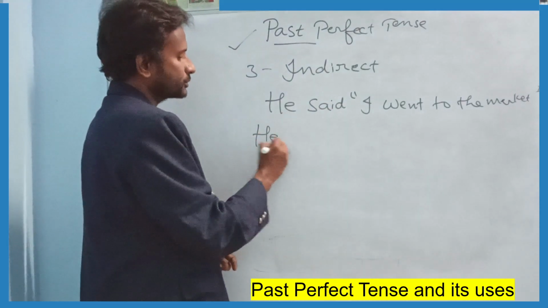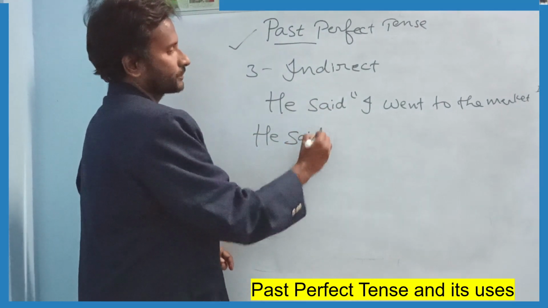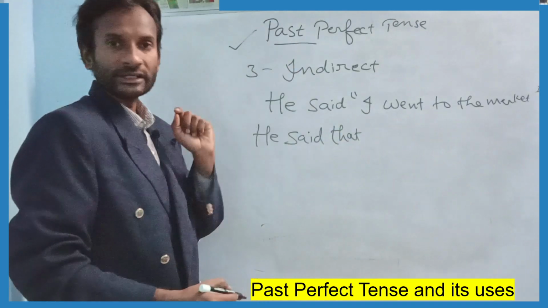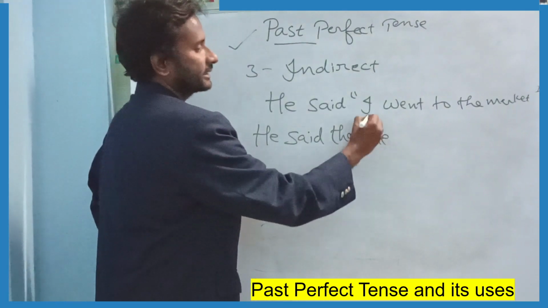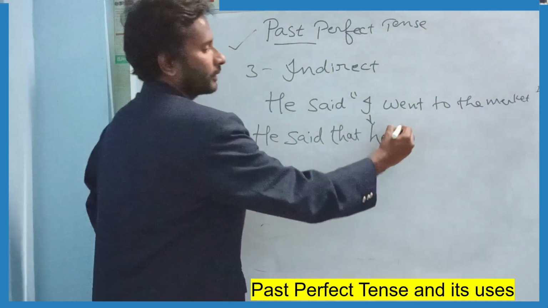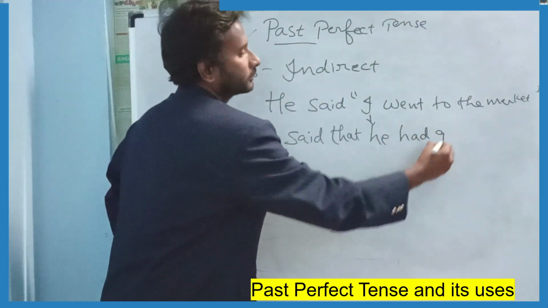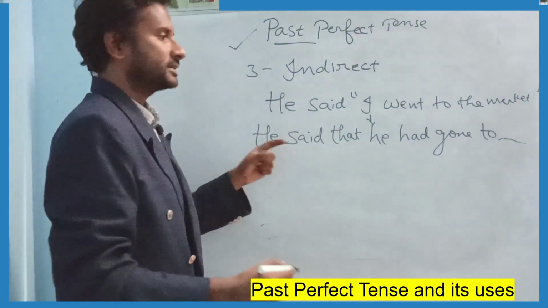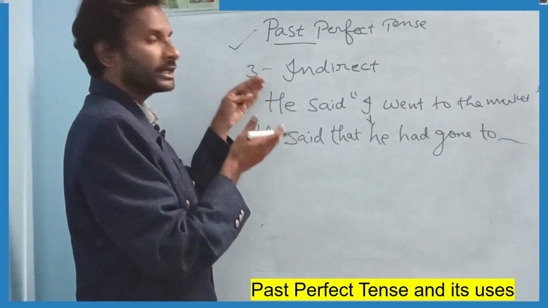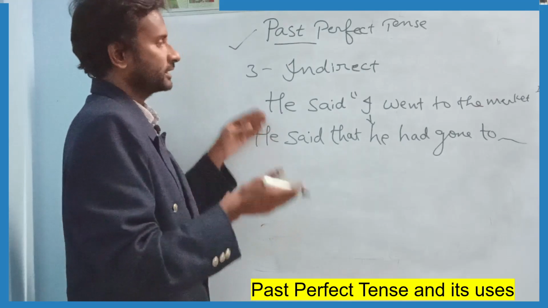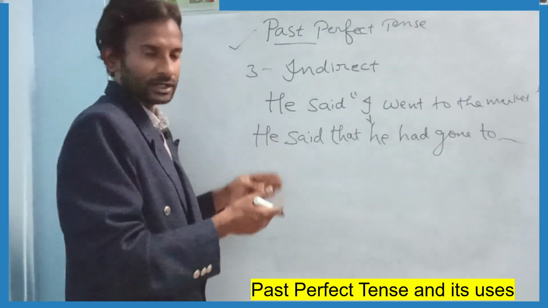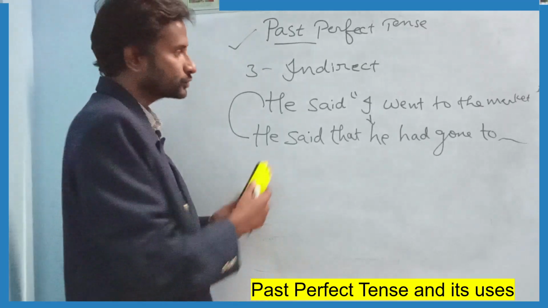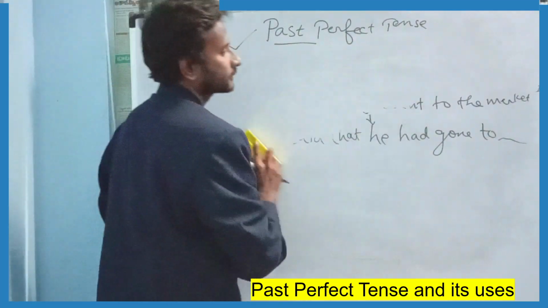When you change it into indirect speech, we use past perfect tense. He said that he had gone to the market. I gets changed to he, went changes to had gone. So in reported speech, we use past perfect tense while converting simple past tense. That is one more use of past perfect tense.